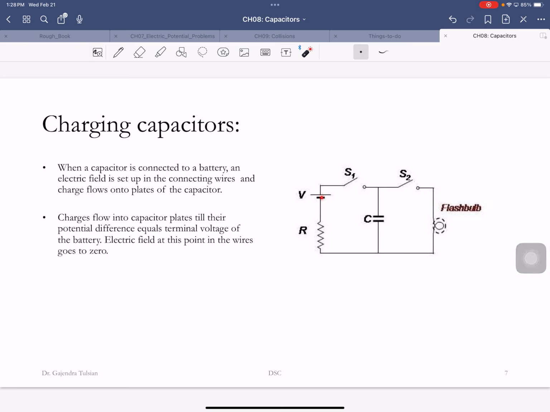So here's a battery. When you close this switch, the battery establishes an electric field in this wire, and the electric field will have that direction.